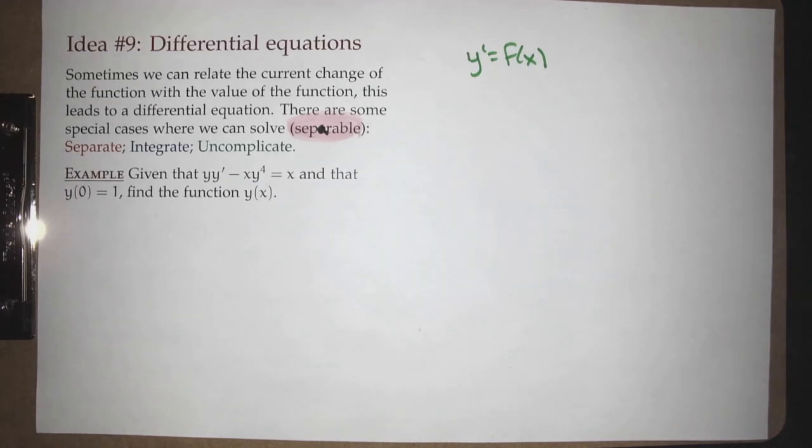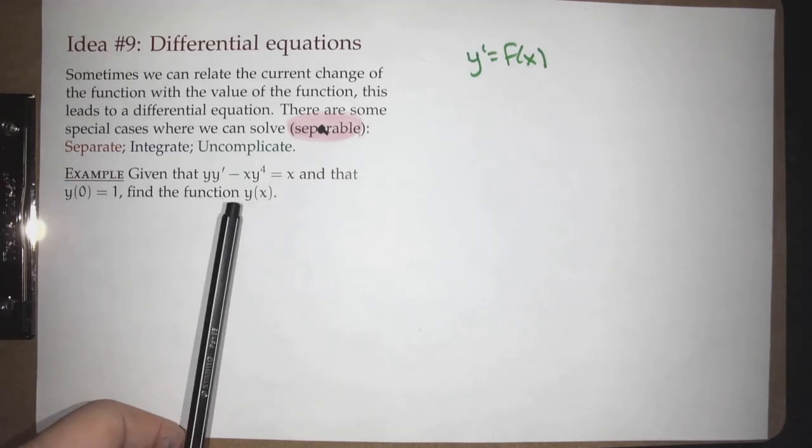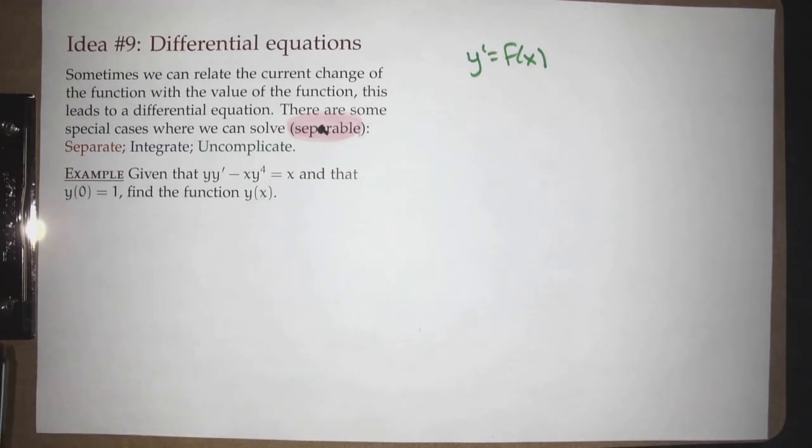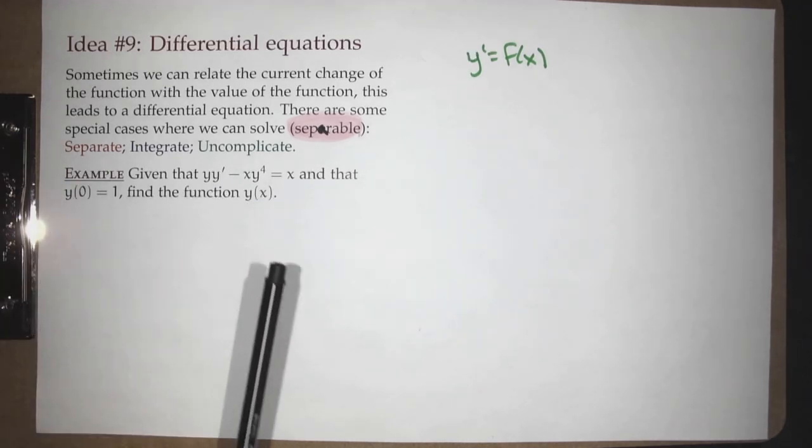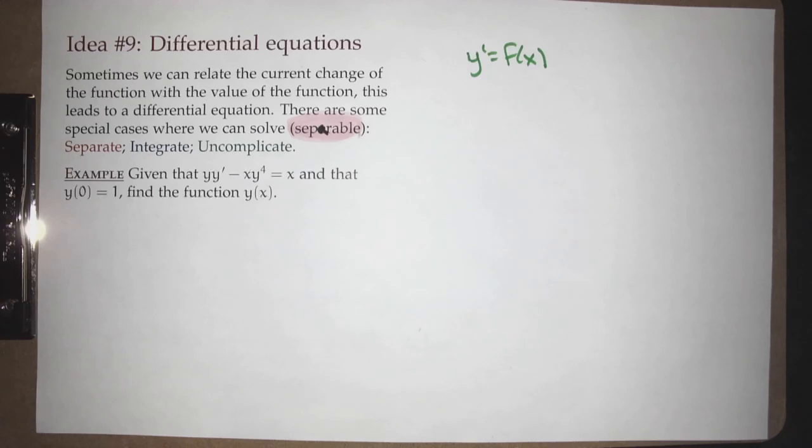Okay, so given that y prime minus xy to the fourth equals x, and y of 0 equals 1, find y of x. Okay, we suspect this is a separable differential equation, because that's what the whole paragraph above it says. On the test, it might not be so blatantly obvious. My guess is, roughly speaking, it will probably be in about chronological order.